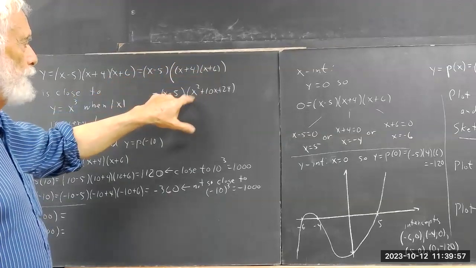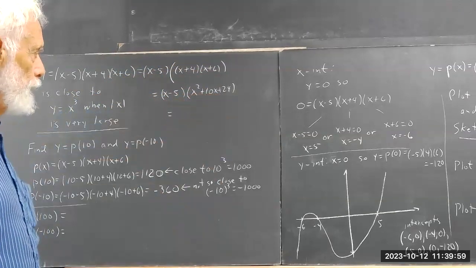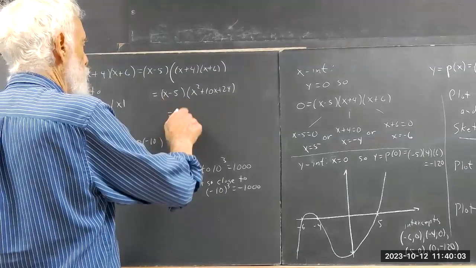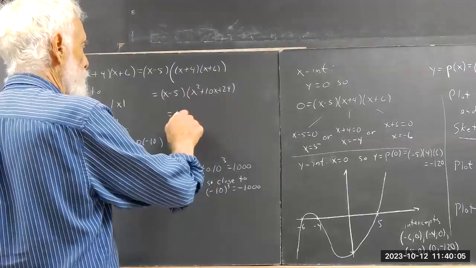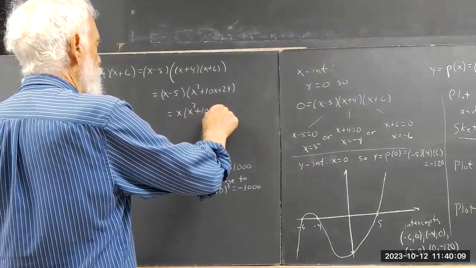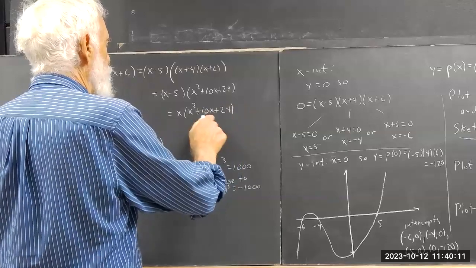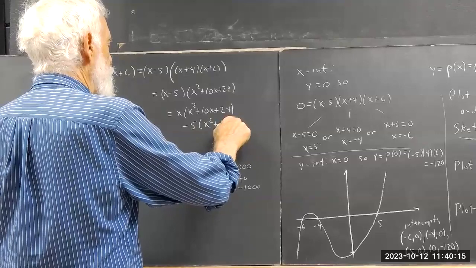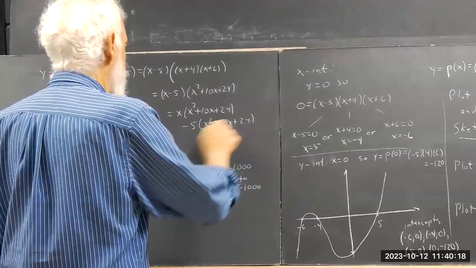When I expand these, that's easy. We get x squared plus 10x plus 24. And then we multiply all this by x minus 5, which is going to be x times x squared plus 10x plus 24, minus 5 times x squared plus 10x plus 24.